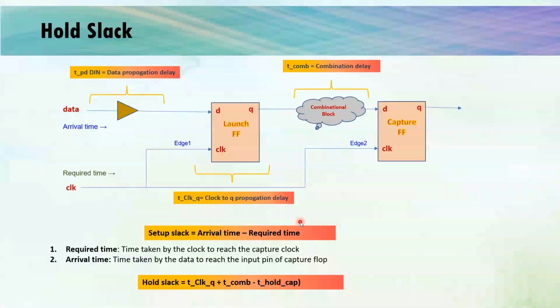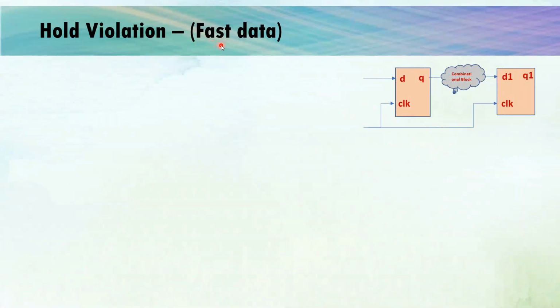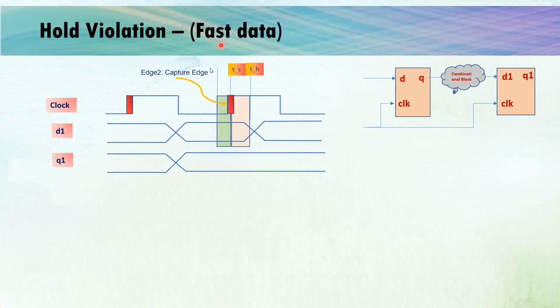So now as you've understood what is hold slack, now you can move to the same scenario where we can see what can be the potential reason for the hold violation. So if the data is coming fast, I'll just show you with the help of this example.